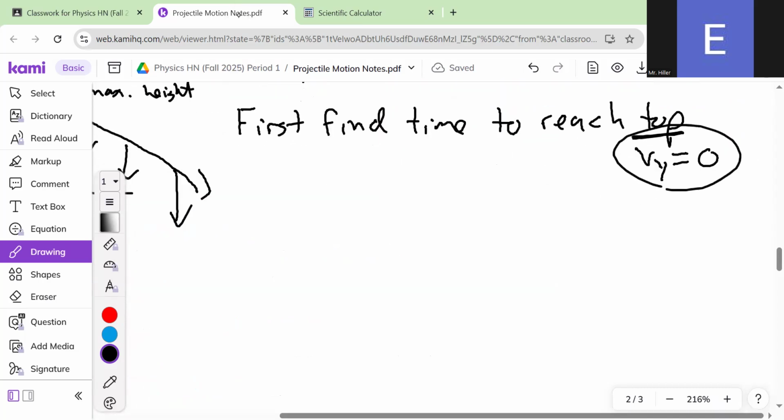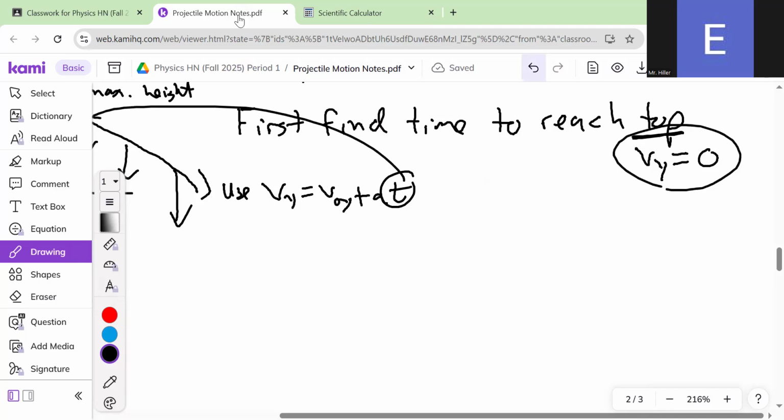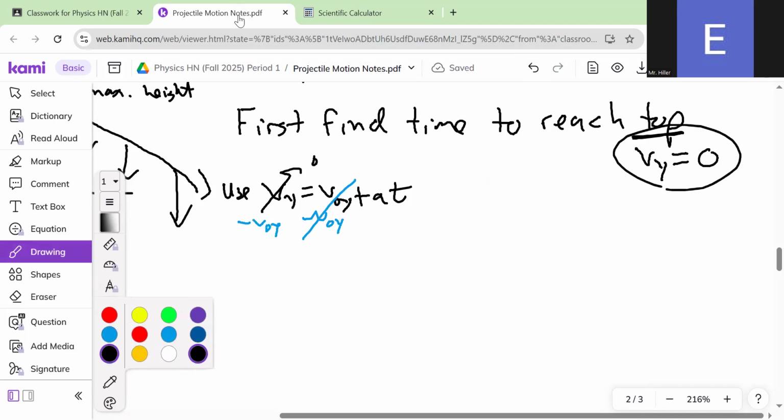Well, that's helpful because I can use Vy equals V naught y plus AT, and I can solve for the t it takes to get to the halfway point, the top, using that as 0. So I will subtract V naught y from both sides. Negative V naught y equals AT.